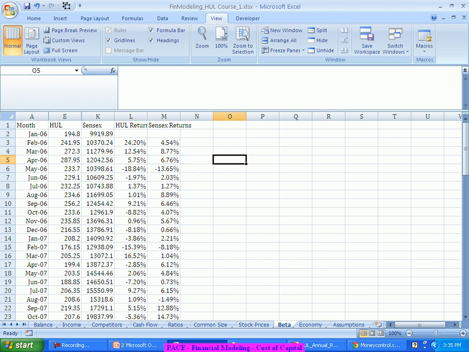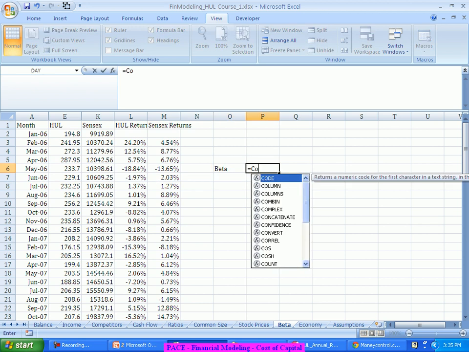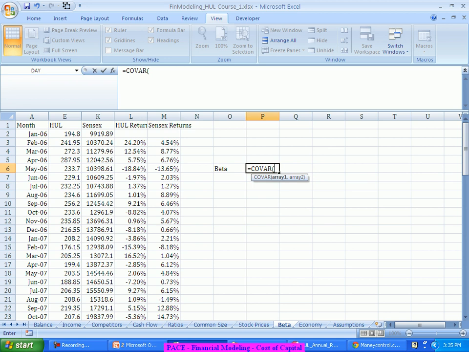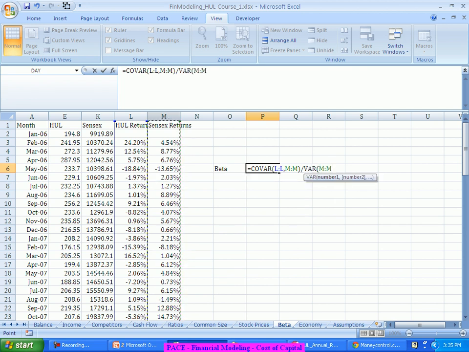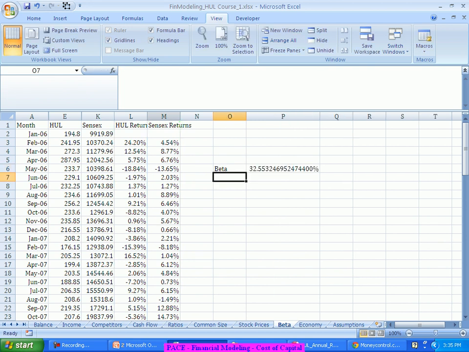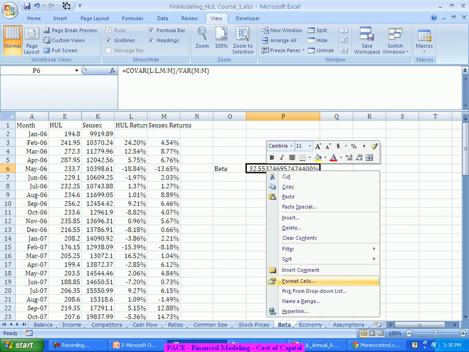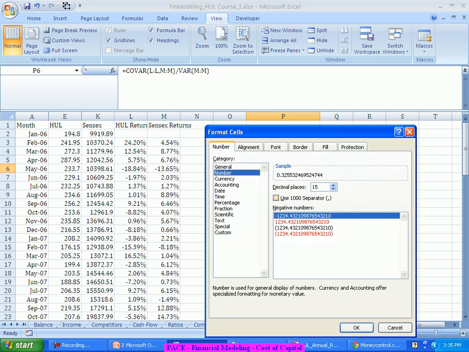So now, the way I get my beta is nothing but the covariance between HUL returns, comma, market returns, Sensex returns, divided by the variance of the market return, which is the Sensex returns. This will tell me the beta: 0.33 is the beta.